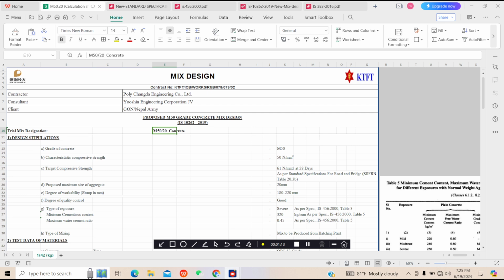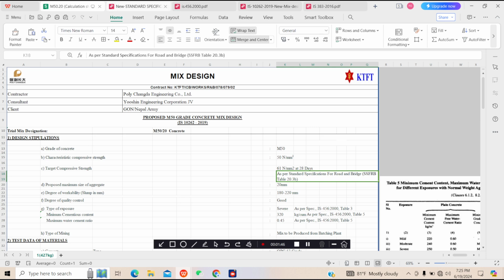Let's see. Here the grade of concrete is M50, and for the M50 grade of concrete, the characteristic compressive strength is 50 megapascal. For the target compressive strength at 28 days, we have followed the Nepal specifications, that is the Standard Specification for Roads and Bridges, table 20.3b.